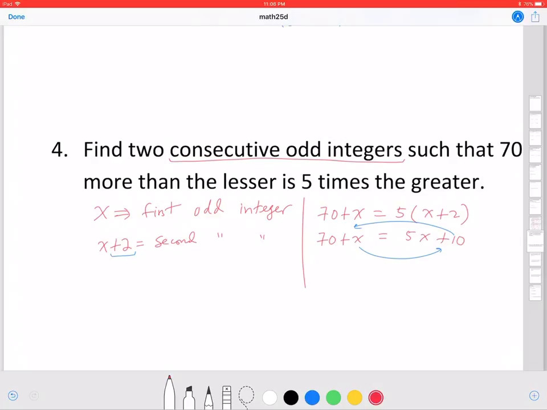And I have 70 minus 10 is equal to 5x minus x. That gives us 60 is equal to 4x. Divide by 4. And I have x is equal to 60 divided by 4, which is 15. And x plus 2, the next consecutive integer, is 17.